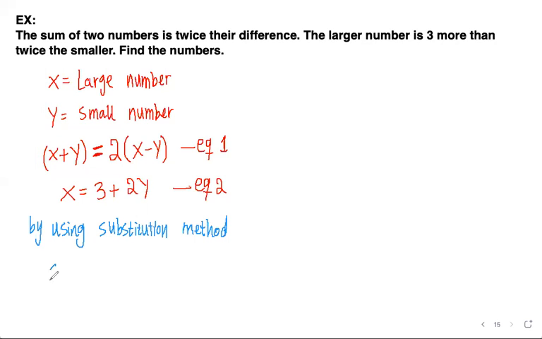So I get now x plus y, with x replaced by 3 plus 2y, equal 2 times x, which is 3 plus 2y, minus y.